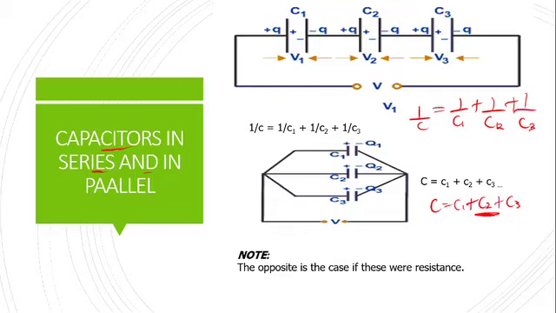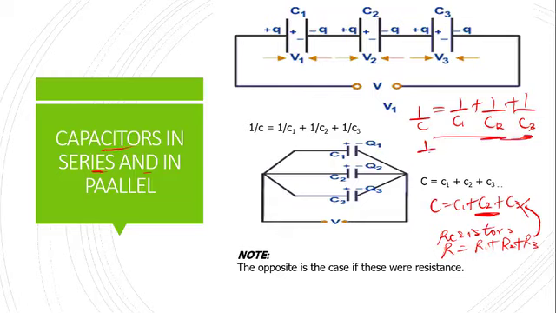You would notice that in resistors, the reverse is the case. If we want to find resistors connected in series, it becomes R1 plus R2 plus R3. But for capacitors connected in parallel, this is how they are found. And for capacitors connected in series, this is how they are found.